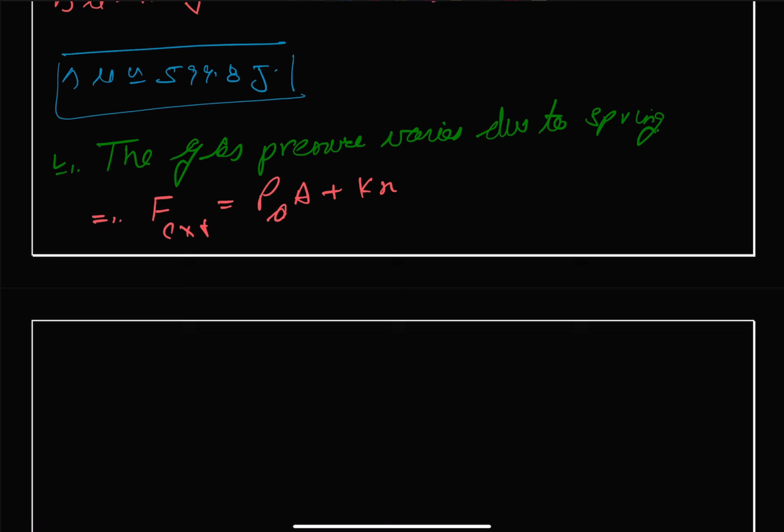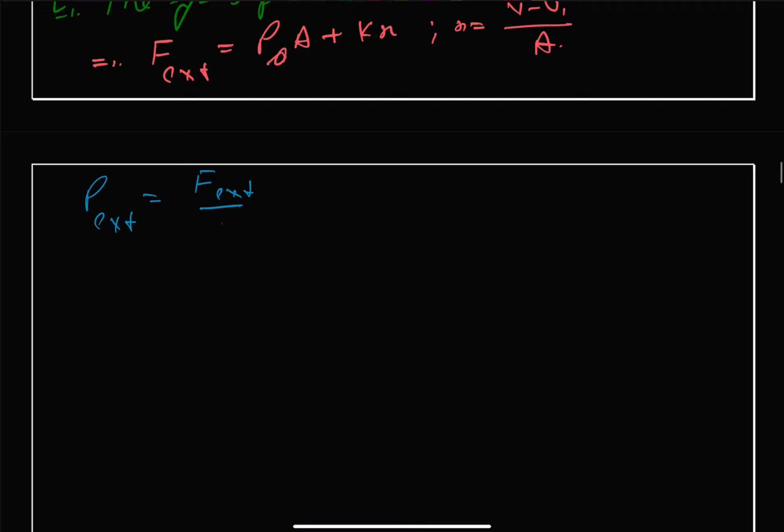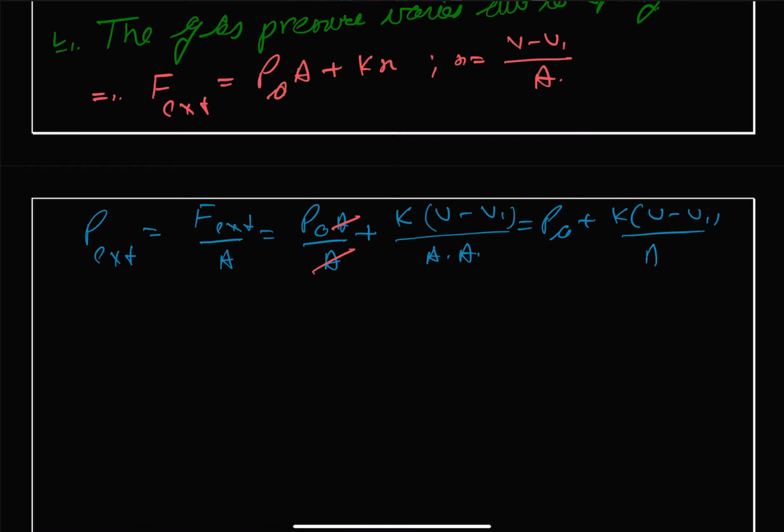And this X will be equal to V minus V1 upon A, and external pressure, that is our P external, will be equal to F external divided by A, which comes as P_A A upon A plus Kx, that is K times V minus V1 upon A, multiplied by A upon A. Here A and A cancel out, so this comes as P_A plus K times (V minus V1) upon A square.